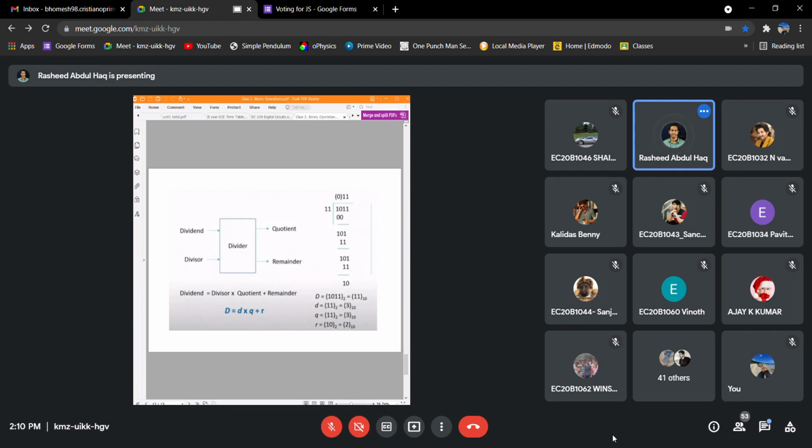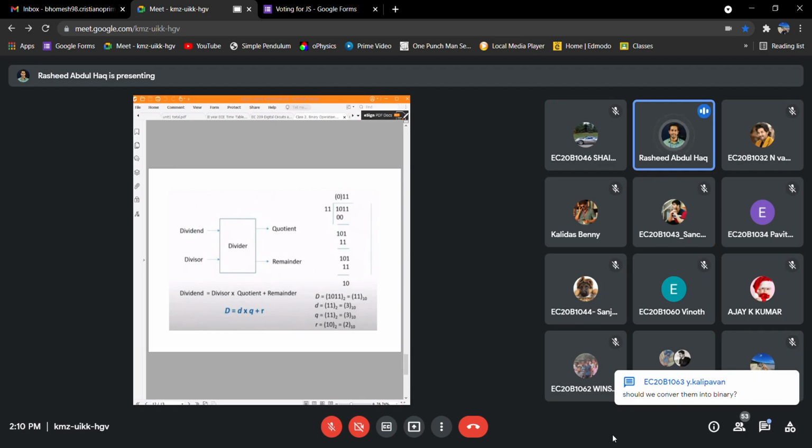So any doubt in this? Okay, everyone can clear the doubts. In the last 2 classes we have discussed the number system: binary, octal, hexa.